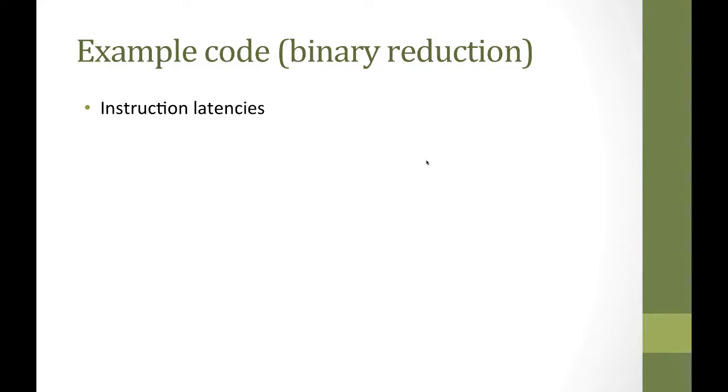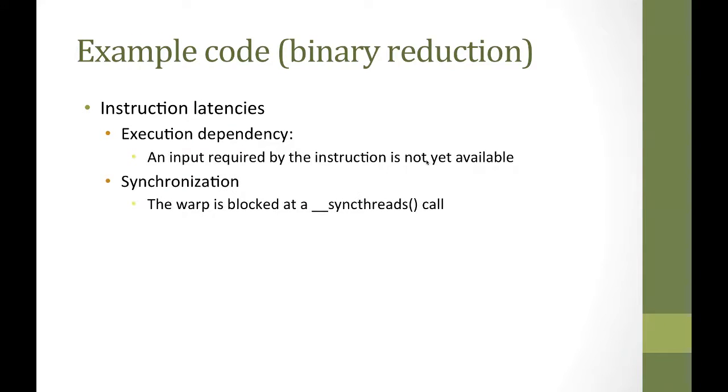The instruction latency for this program has two problems. One is execution dependency, as we saw. Execution dependency means that for each warp, if you want to execute one instruction, but the instruction cannot be executed because it requires some data that is not available, the instruction stalls there waiting for the input.